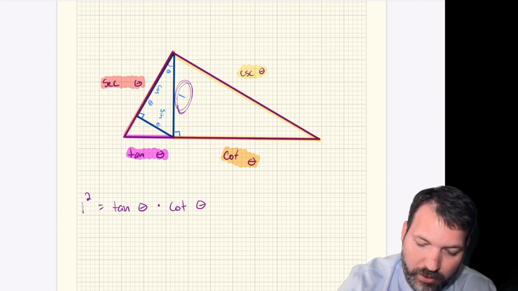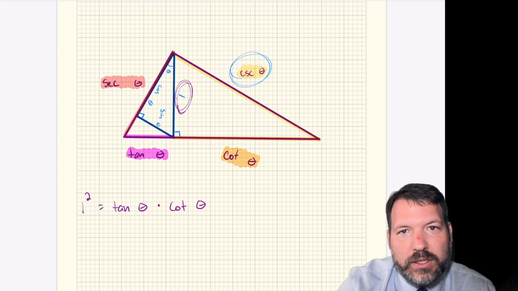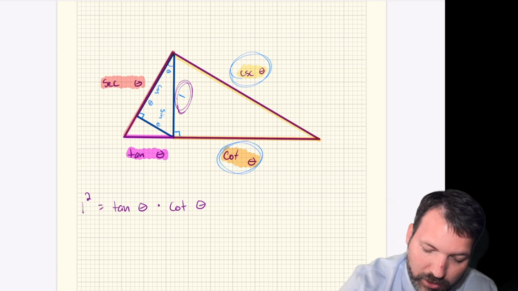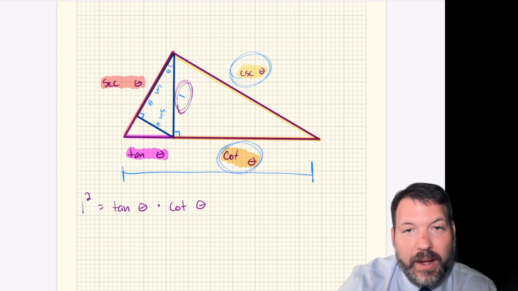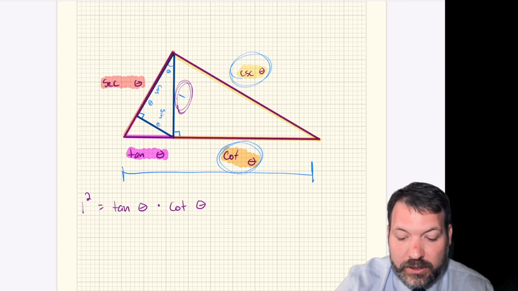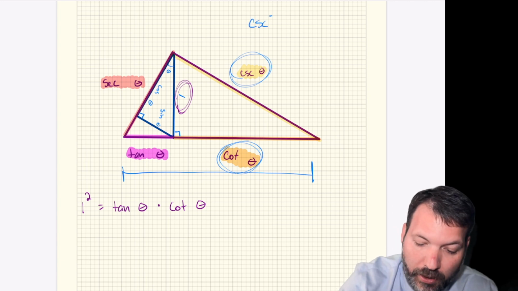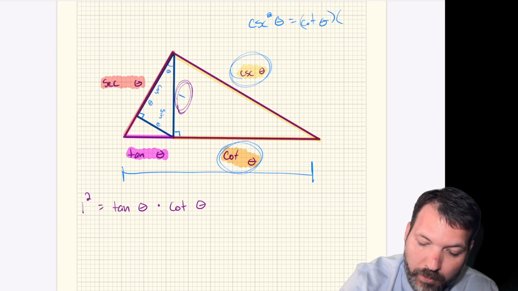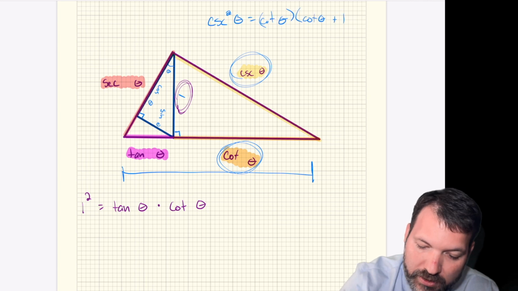But we can also say things like, oh, well, cosecant theta is the geometric mean between cotangent theta and the total hypotenuse there, cotangent theta plus tangent theta. Well, what does that end up looking like? It would say cosecant² theta equals cotangent theta times the sum cotangent theta plus tangent theta.